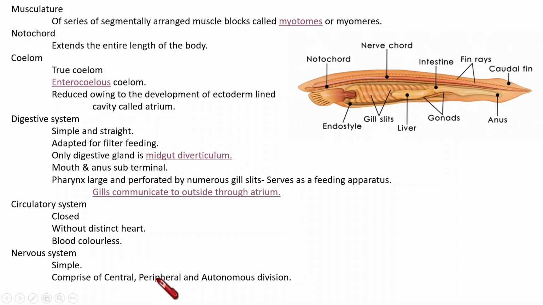The peripheral nervous system comprises all the nerves emanating from the spinal cord to other regions of the body. Then the autonomous division is there for controlling almost all involuntary actions. So its pattern is simple, but it consists of all these major divisions like that of higher chordates. A distinct brain is absent, and it also possesses very simple sense organs.